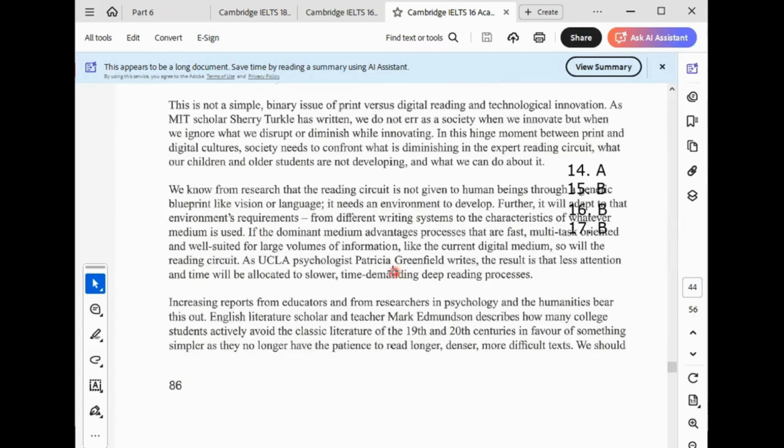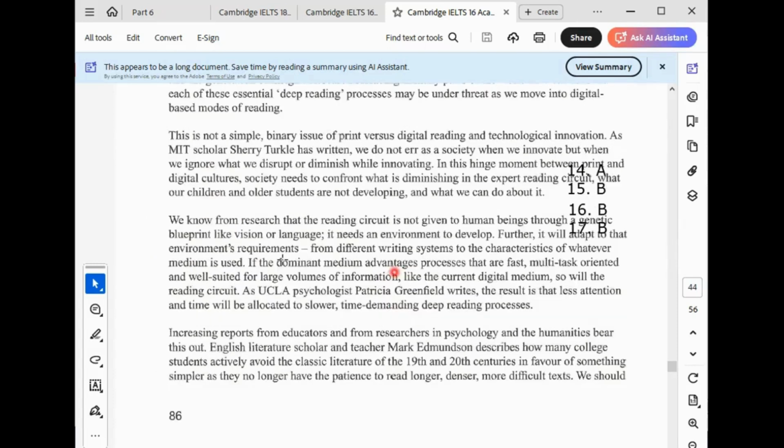If it is required that it becomes very fast, it will adjust and become fast, multitask-oriented, well-suited for large volumes of information. Everything here is pointing at option D fully.